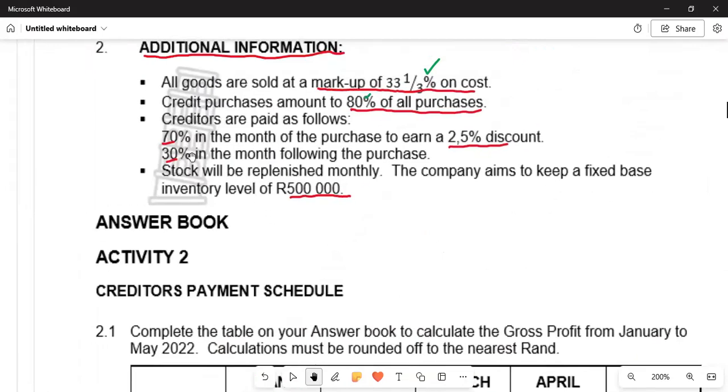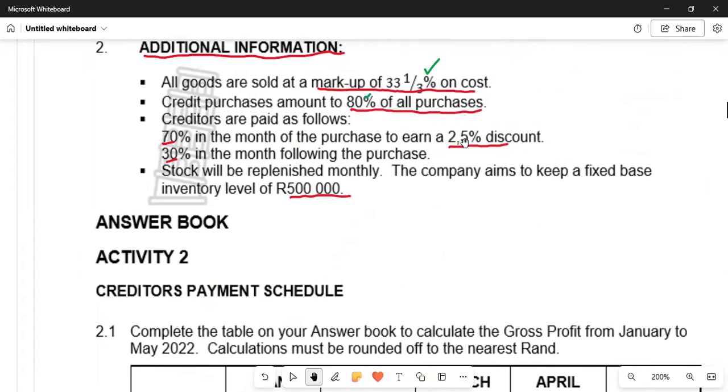Here it is. 70% in the month of purchases. So the month of purchases is March, and it is to earn a 2.5 discount.